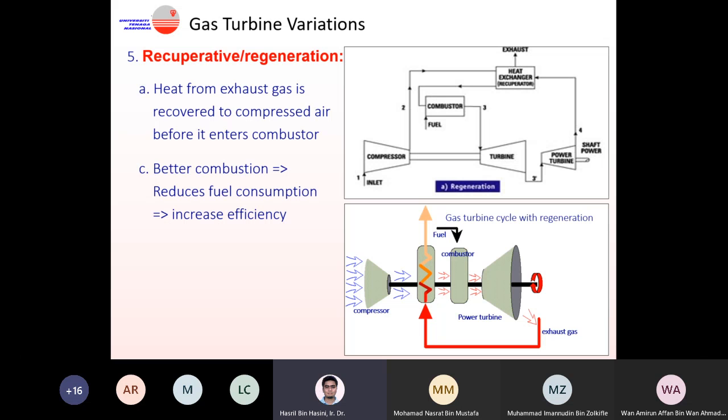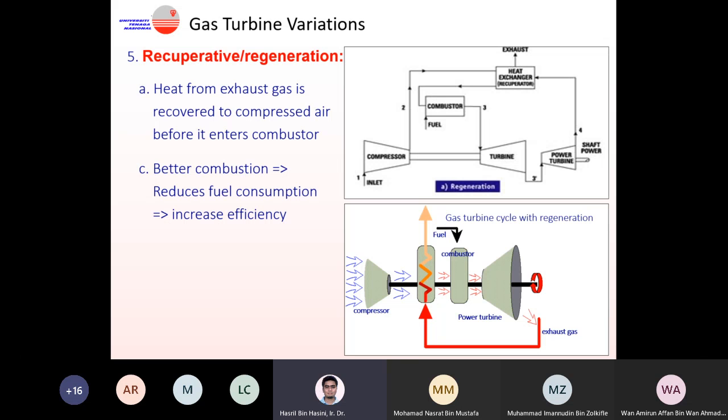Remember, when you have a combustor for air and fuel for combustion, if we can preheat the air that is used for combustion, you can increase the efficiency of the combustion. So that is the fact that we have to understand. The fresh air that is fed into our combustor together with the fuel, we can preheat it so that combustion efficiency is increased.